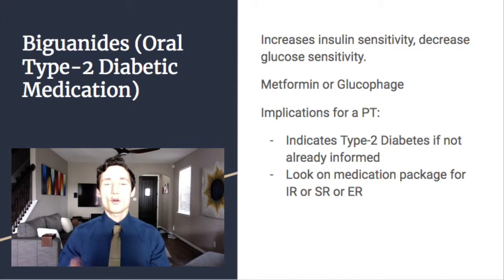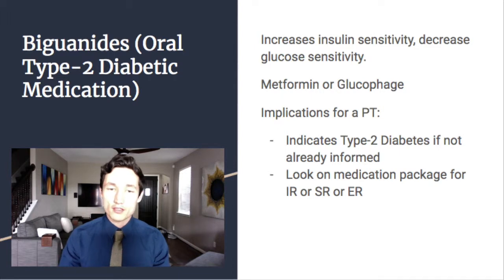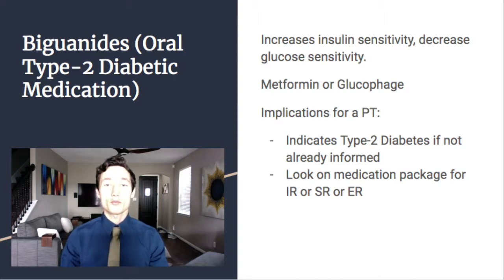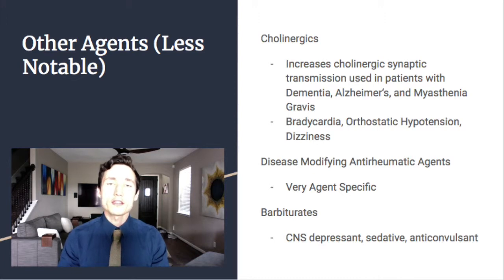However, for Biguanides specifically, they're typically given to a younger patient, and that patient may not be as accustomed to their medication schedule yet. So this becomes really important when you're noticing signs and symptoms of hyper or hypoglycemia on a future visit, and that can cue you to prompt them to take their medication if they haven't already for that day.